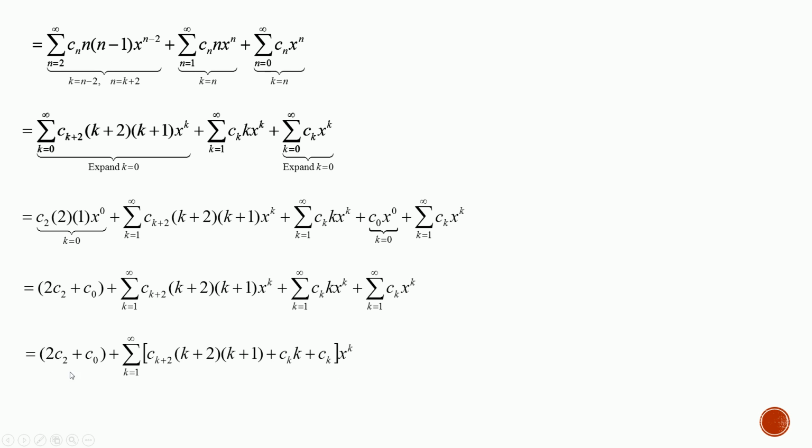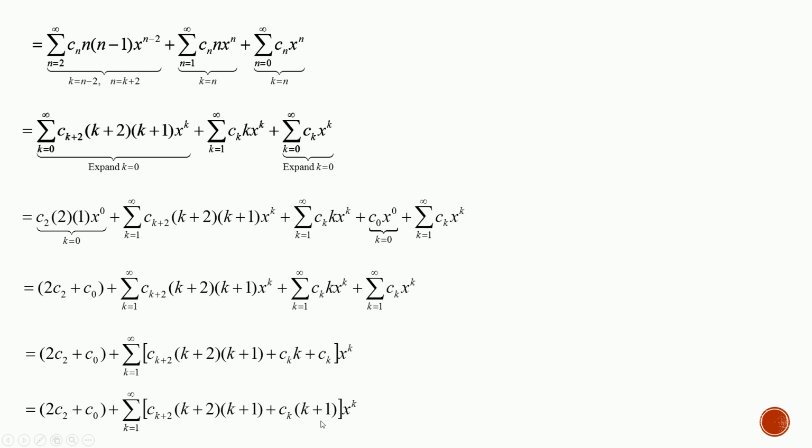Okay, so this is technically a good answer, and it's answered the question that was asked. It's combined all of the sums into a single sum. But notice that you have a c sub k in common, which you could factor out, so that these last two terms inside the brackets become c sub k times k plus 1.